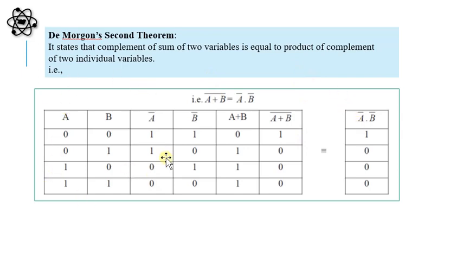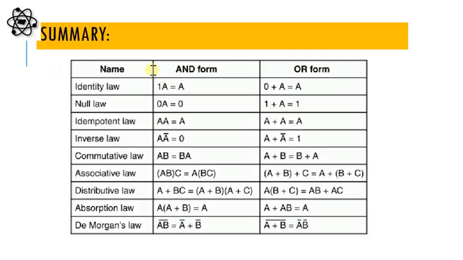I believe you have understood all the theorems and all the properties, so let me quickly summarize what we have seen. Here we can observe that we have named the different properties, and we are going to represent them in terms of AND form and in terms of OR form. AND form means multiplication, OR form means addition.